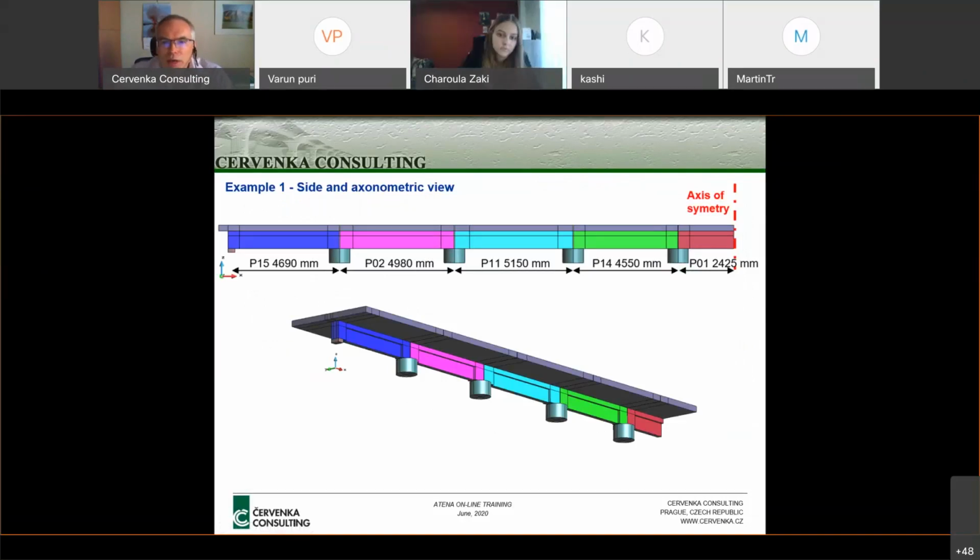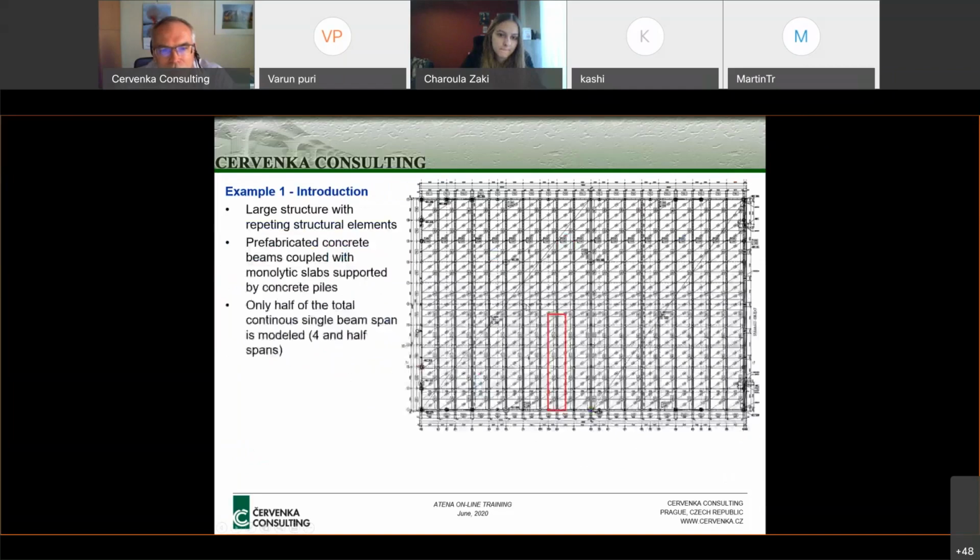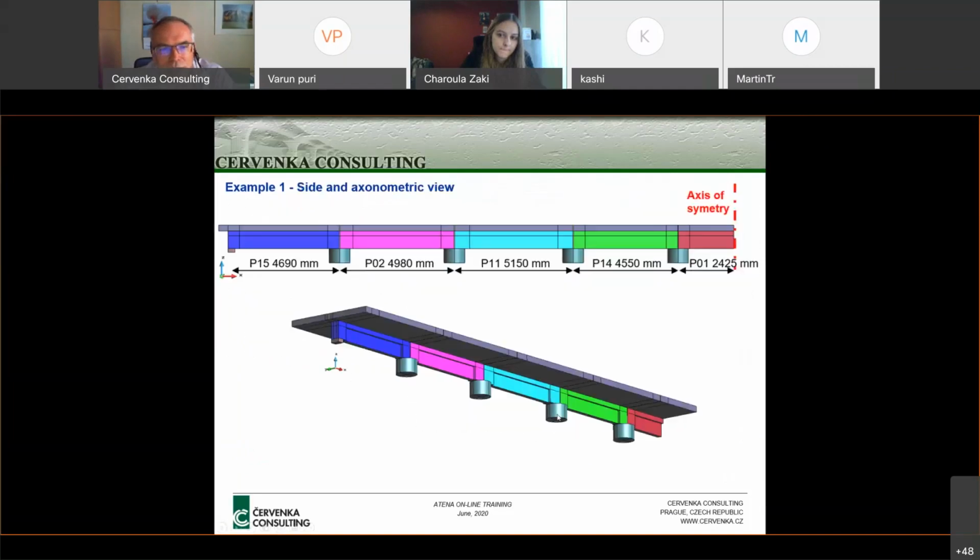So we are modeling half of the beam. The reason we model not just one beam or two spans is because of the loading. Some of the loads should not be distributed uniformly, and the load combinations are different, so we should always address these different load combinations.